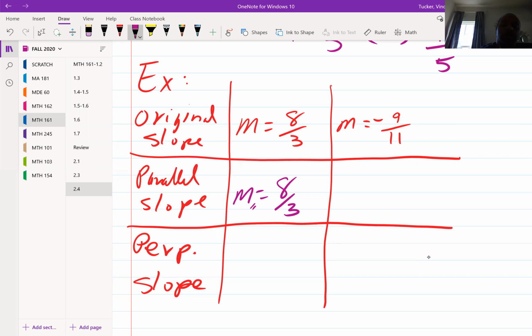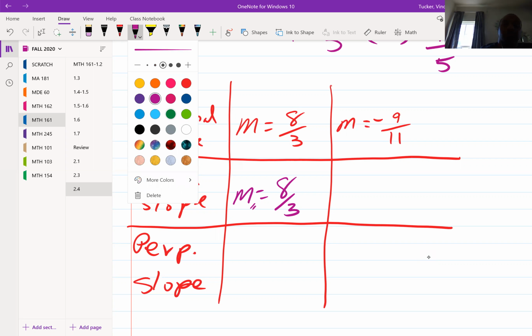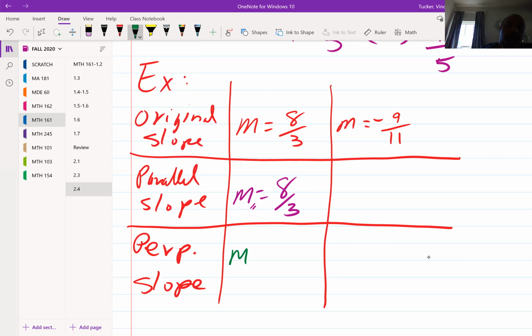So for parallel lines, the slope is going to be the same. Now, if I want a slope that's perpendicular to it, I will use the opposite sign, so it was positive, and then I will flip the fraction. And so that'll be a negative 3/8.